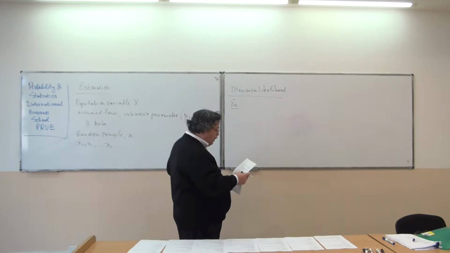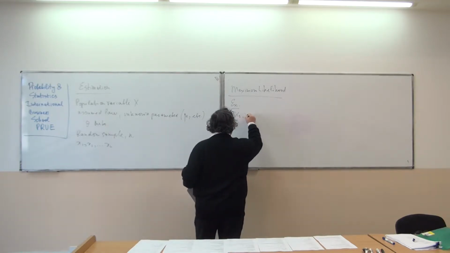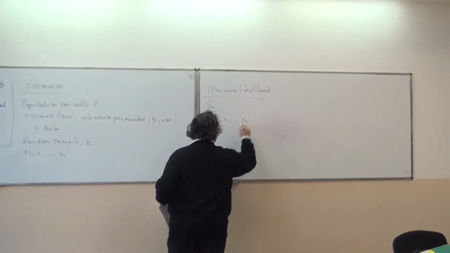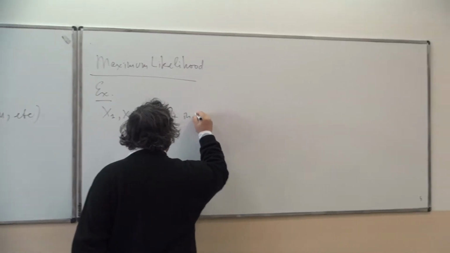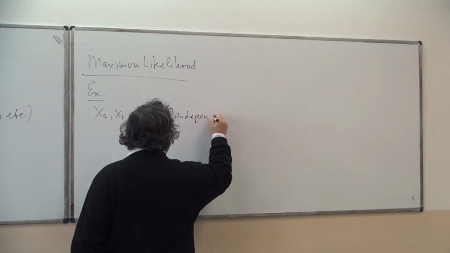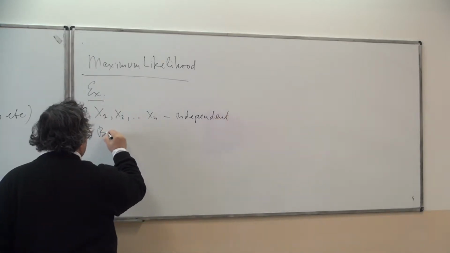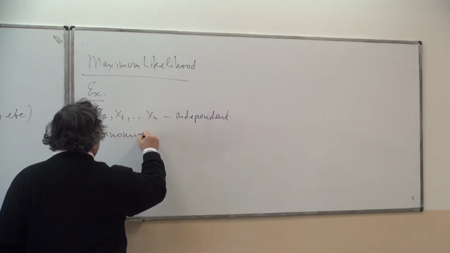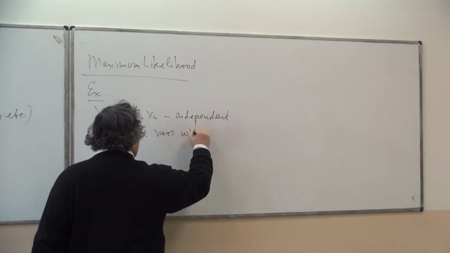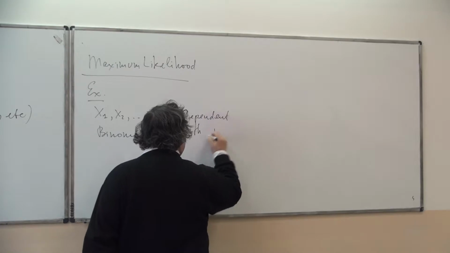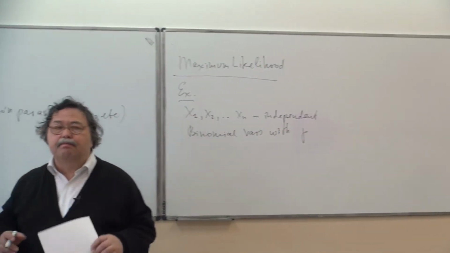Let's look at the binomial distribution. Suppose x1, x2, ..., xn are independent binomial variables with the same value of p, which is the probability of success.